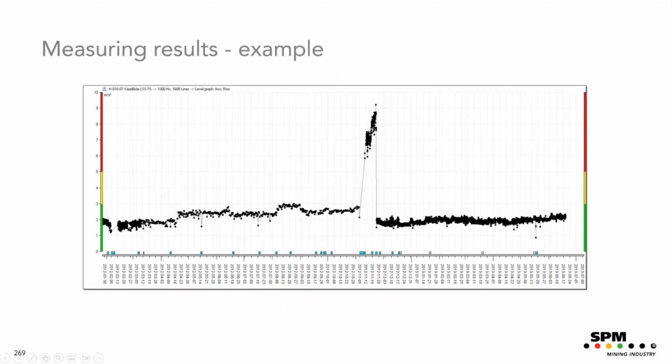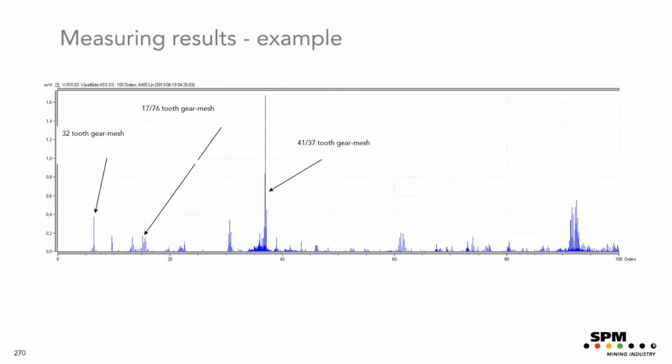When it was installed, everything was running nice and smooth, but then suddenly something happened with this gear, and the acceleration values went quite high. If you look in the spectrums, you will see a very clear gear mesh here related to the input gear.